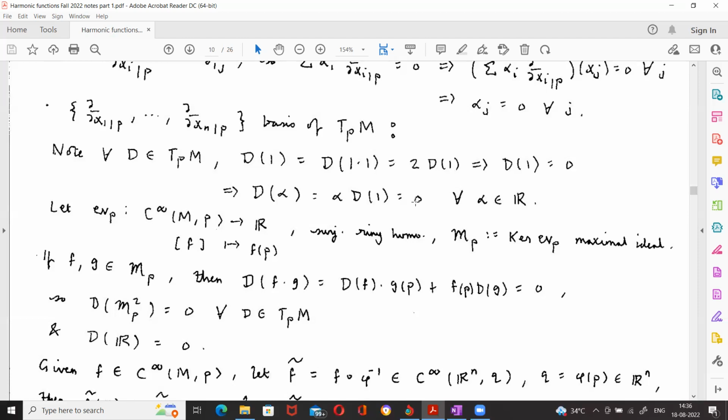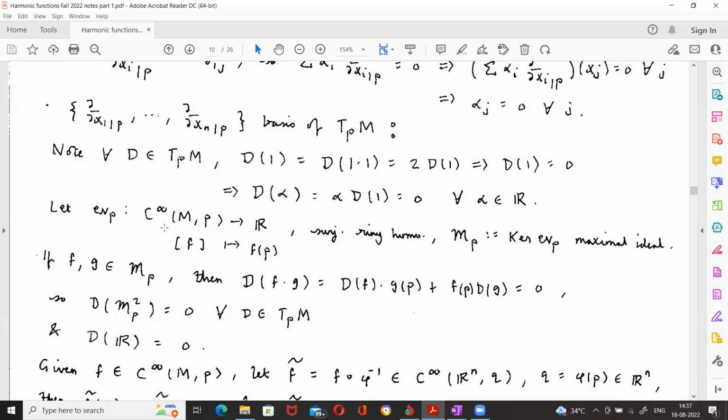So, right. The elements of the tangent space vanish on the constants. Now, let's look at the following. On this ring C infinity MP, I have this evaluation homomorphism, a germ of smooth function f maps to its value at P, f of P. So this is a surjective ring homomorphism, right?